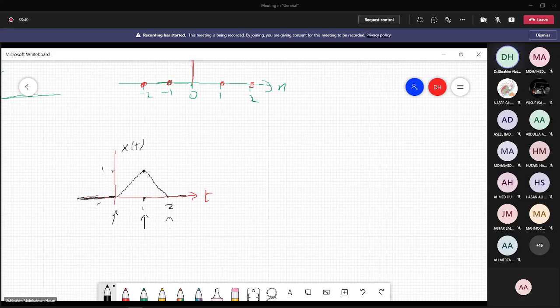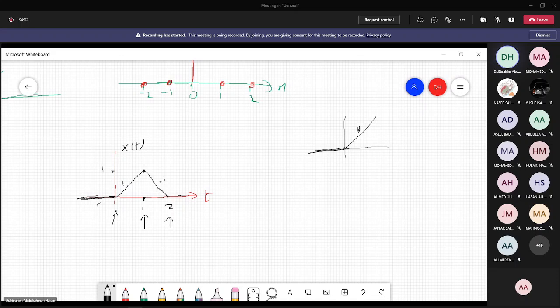When you want to write it as a ramp, slope is very important. What is the first one? The slope before is 0, the slope of this line is 1, and the slope of the next line is -1.